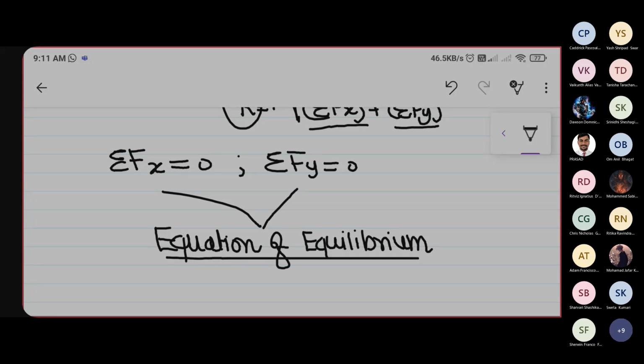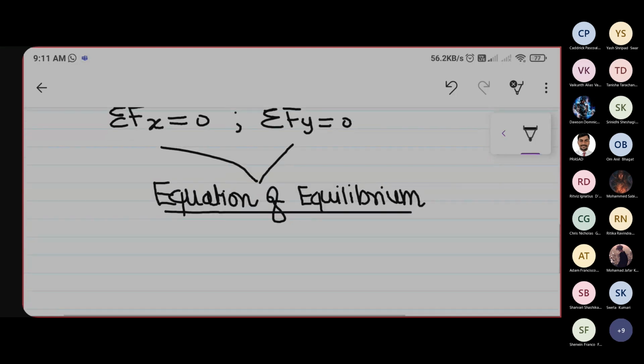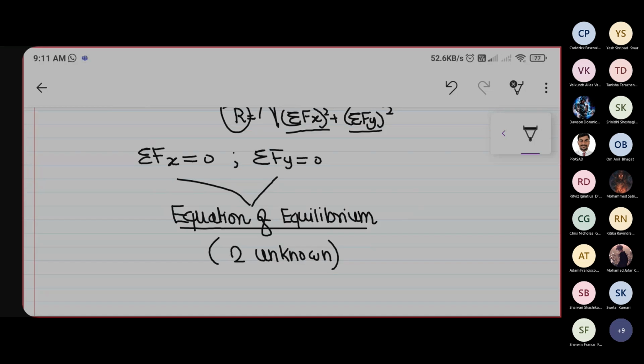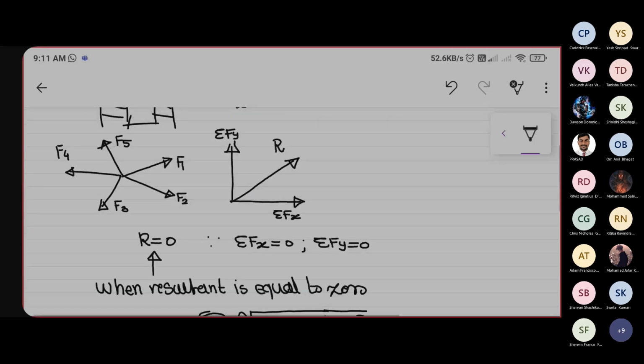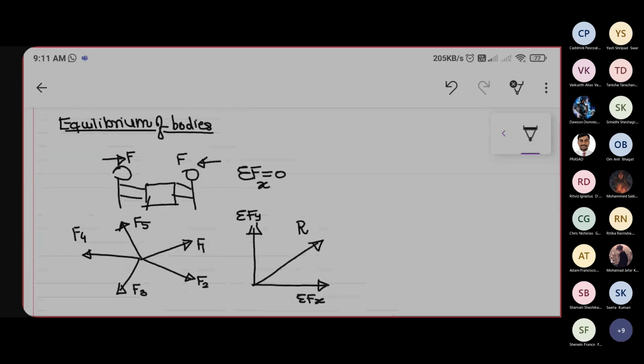Equations of equilibrium. These two equations can be used to solve how many unknowns? Two equations means two unknowns. I'll tell you how to get those two unknowns, but first you need to understand what is meant by the equilibrium condition. When can we say a body is in equilibrium?